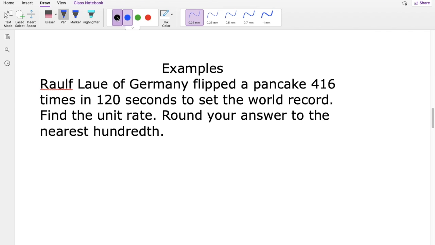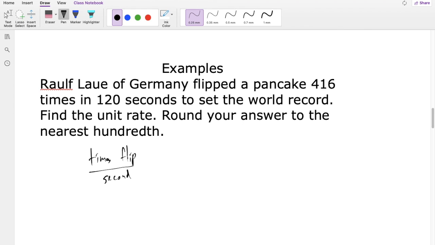I'm going to start by writing it in words first. We have the times flipped per second. So I can set up this ratio and then make it into a unit rate.